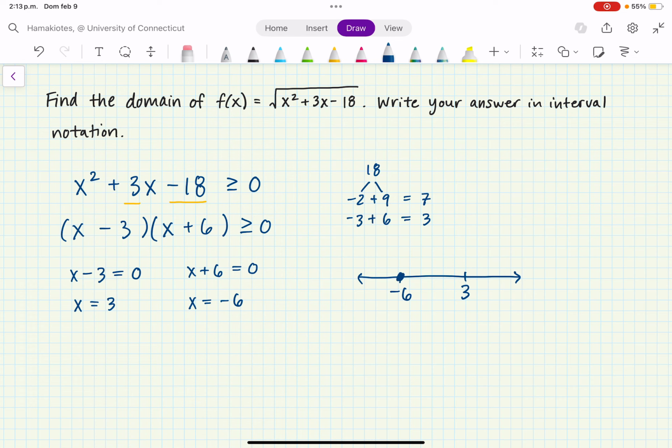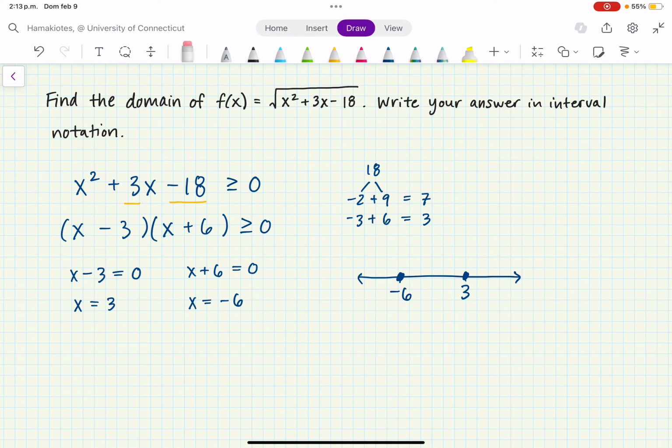So I can draw closed circles on the minus 6 and the 3. Now, I want to know if everything in this section, and this section of the number line is included in the interval. So what I'm going to do is choose some values in those intervals and see whether x squared plus 3x minus 18 is positive.